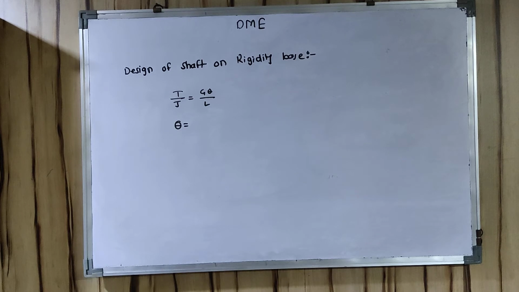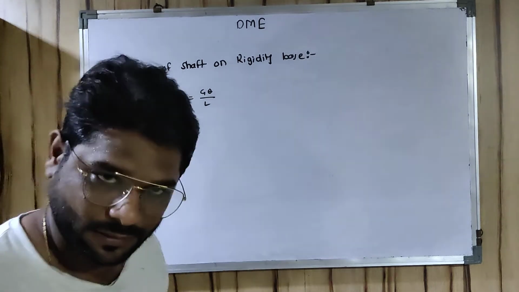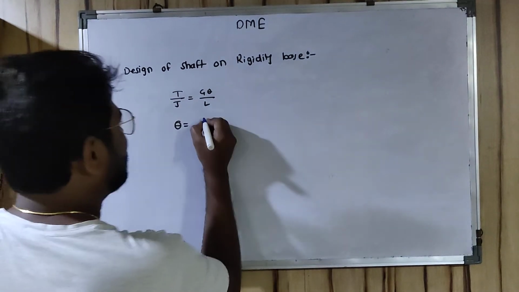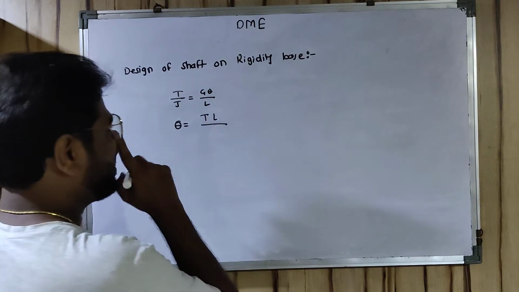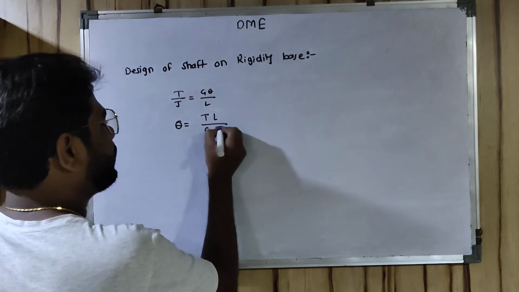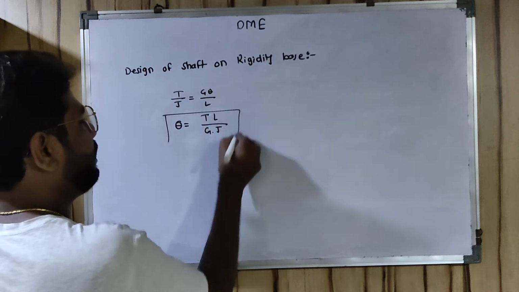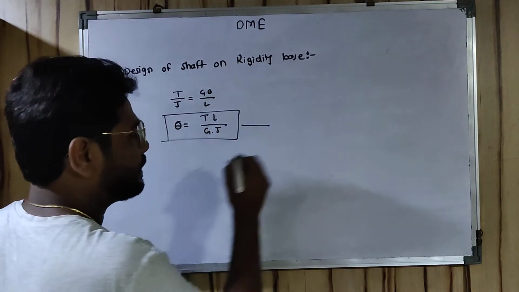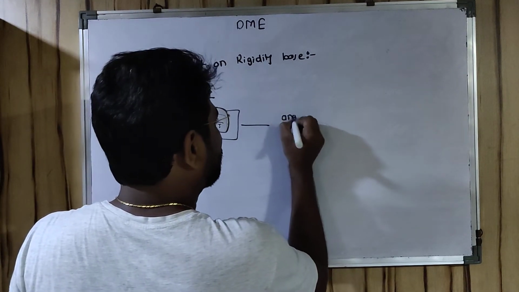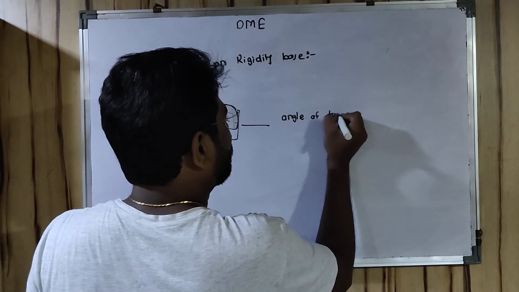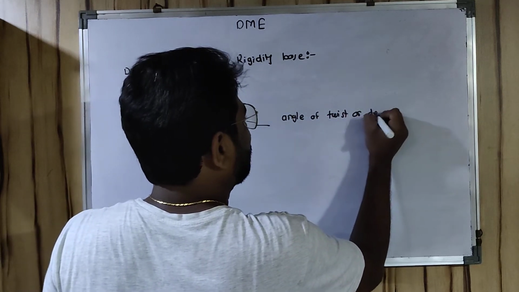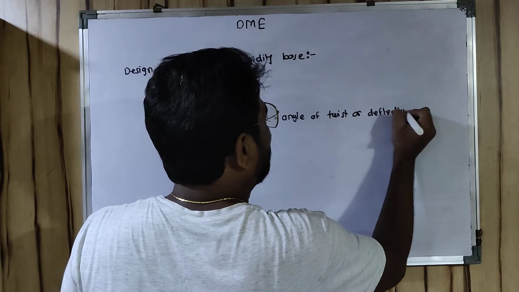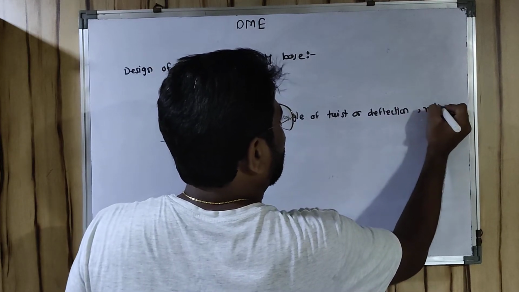Theta is called the torsional deflection or angle of twist. It is nothing but TL upon G into J. This is called the angle of twist or deflection, and it is usually measured in radians.